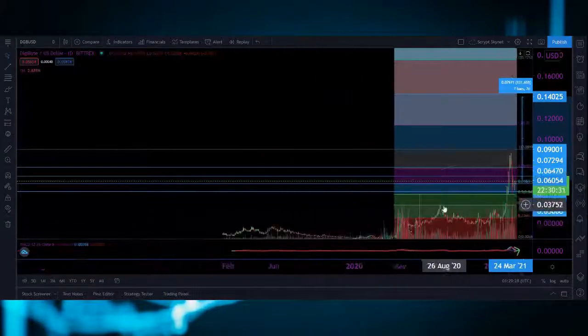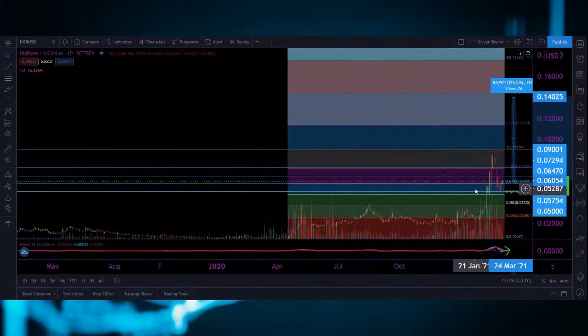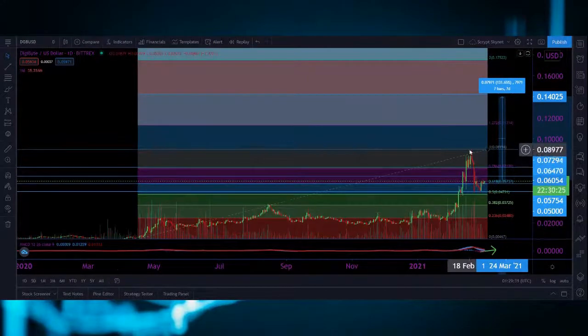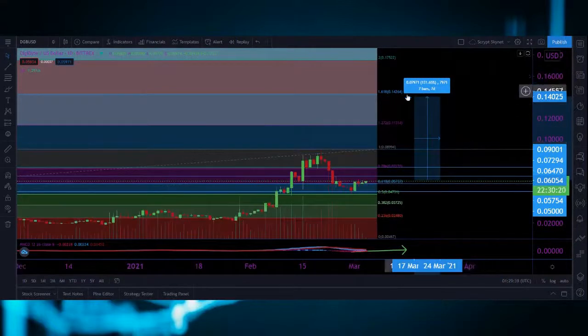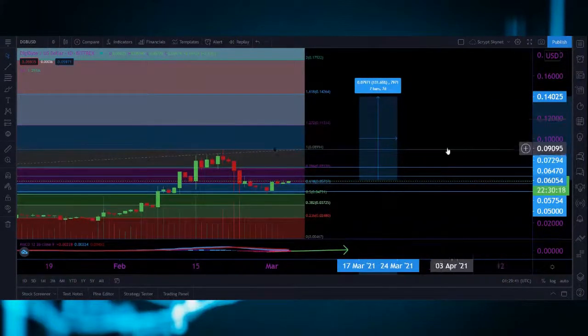Look at that. That was 1,000. This is 190 or something. This was 400, or 300, whatever it was. This ain't nothing for DigiByte. 130% to the upside. That ain't nothing, guys.